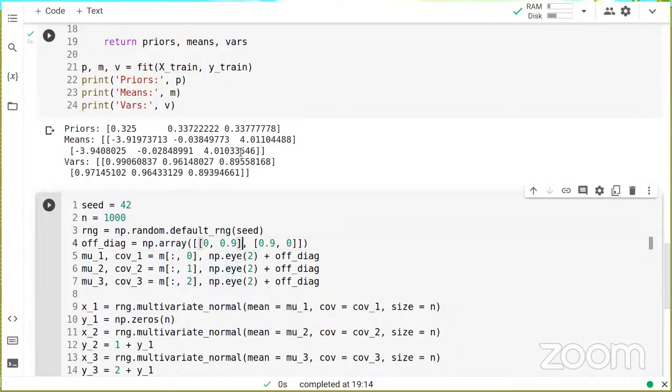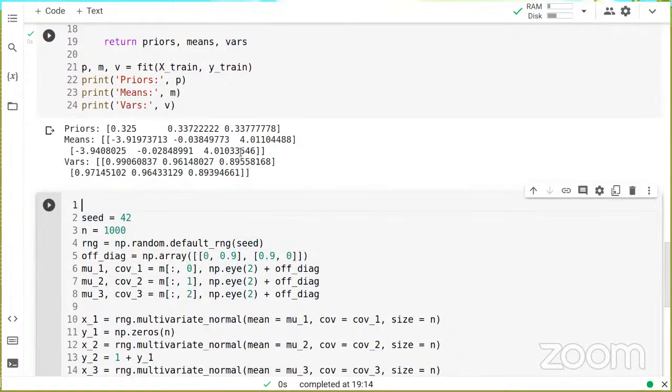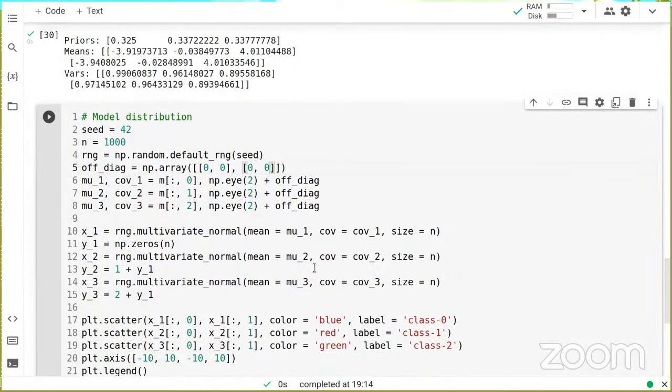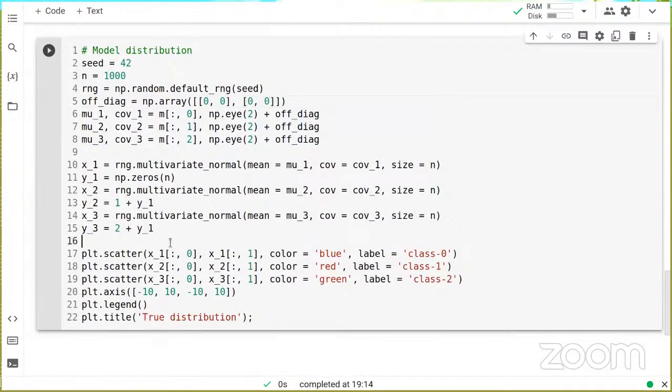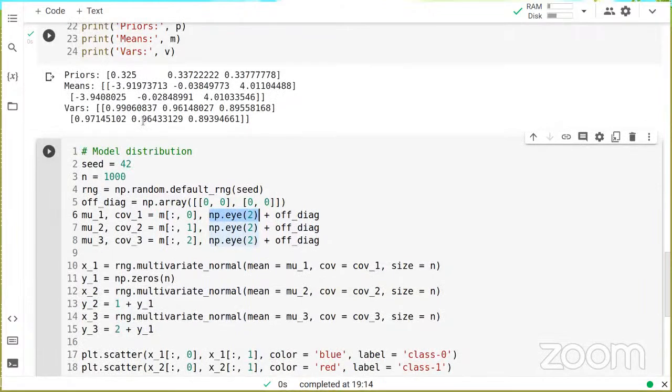And remember that this is the model distribution that I'm trying to generate. For my model, there are no off diagonal entries. It's a diagonal matrix, so I'll set this as 0. And I have to change the variances. What covariance did I obtain? This one. This is slightly messy, but I'll have to do this.